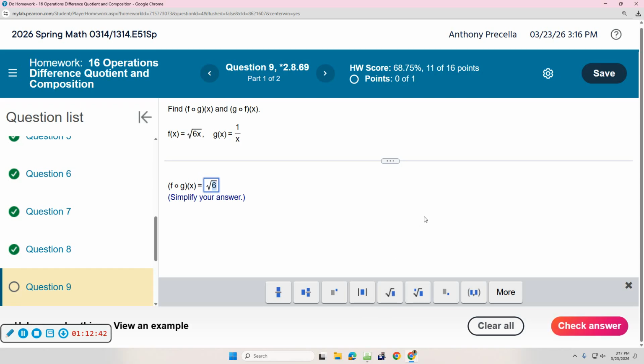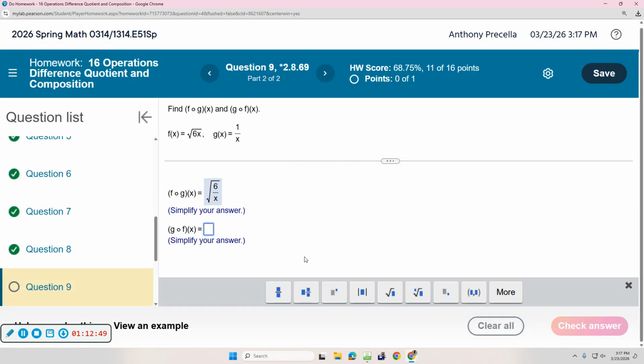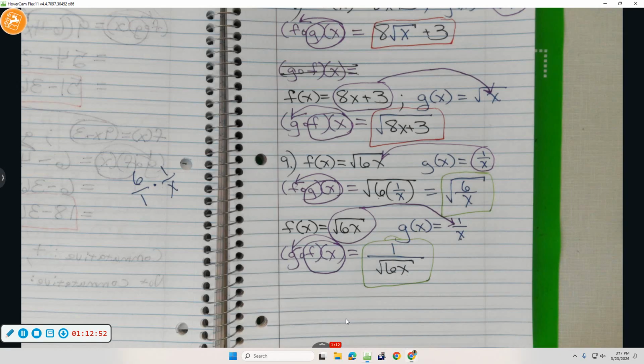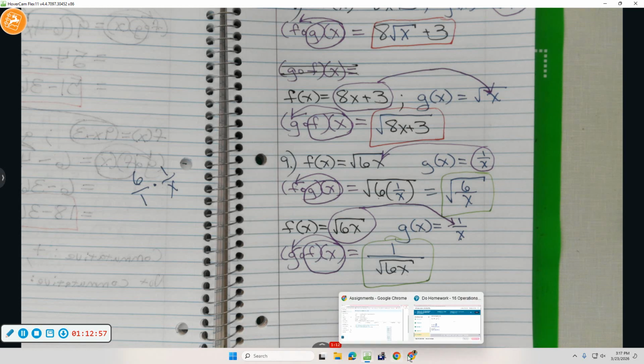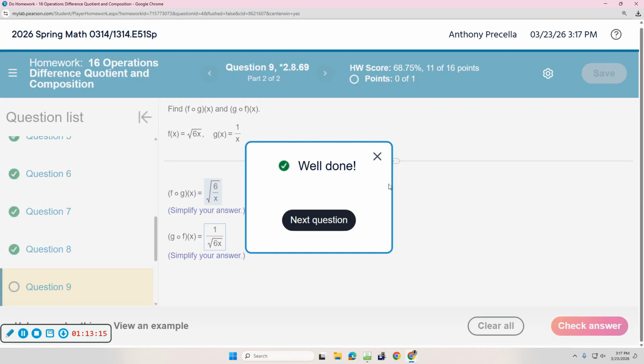And then I have 6 over x. Now the second answer, what am I going to click first? I do that fraction bar first. And then on top, I had the 1, and on the bottom, the square root of 6x. Any questions?